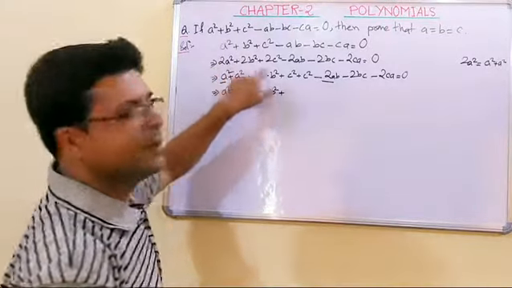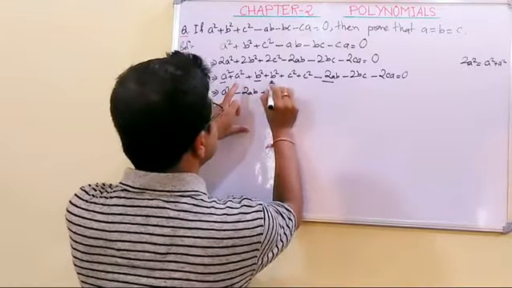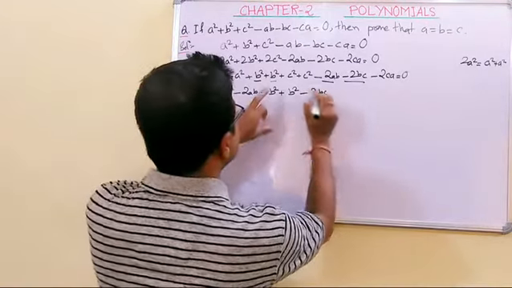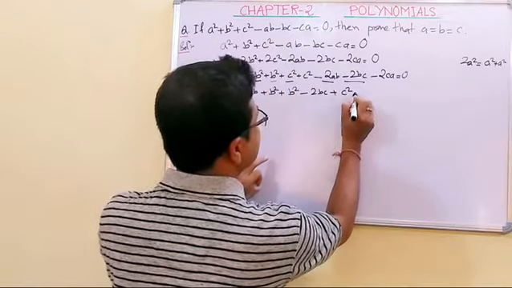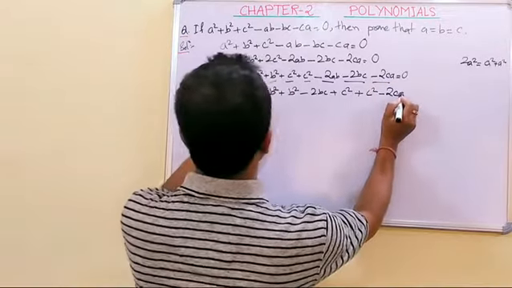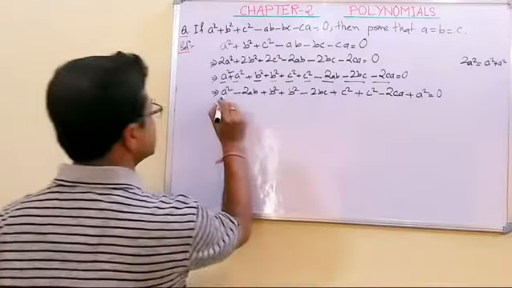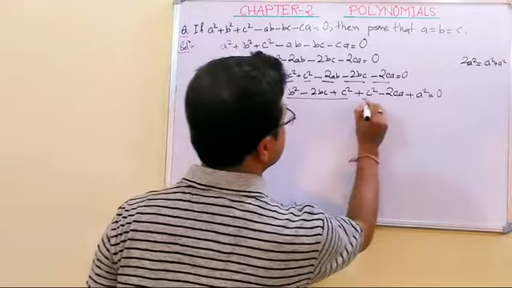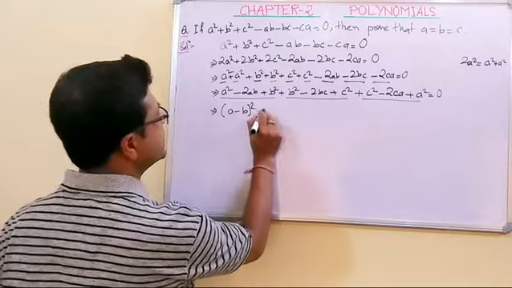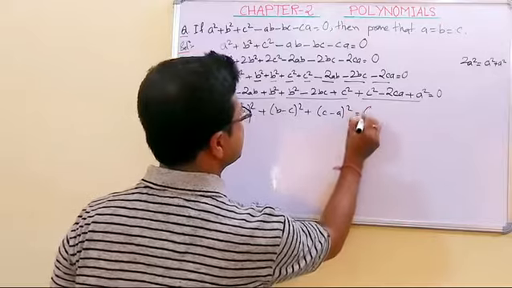For that reason only we have multiplied by 2, so that we get whole squares. Then b square minus 2bc plus c square, then c square minus 2ca plus the remaining a square. Making groups, this is (a minus b) whole square, this is (b minus c) whole square, and this is (c minus a) whole square.